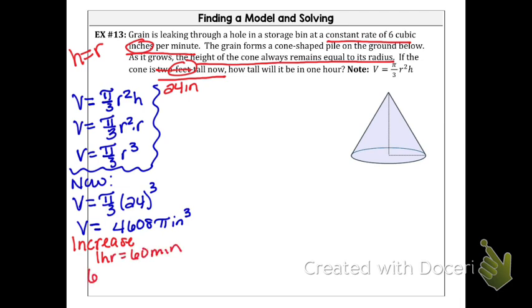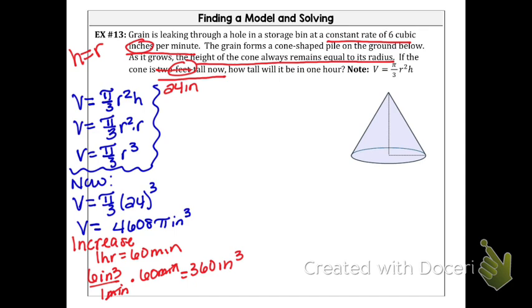We know it's 6 inches cubed per 1 minute, so we're going to multiply that times the 60 minutes. And so we should get 360 inches cubed. It started out at 4,608 pi inches cubed, and in that 1 hour, it gained 360 inches cubed.